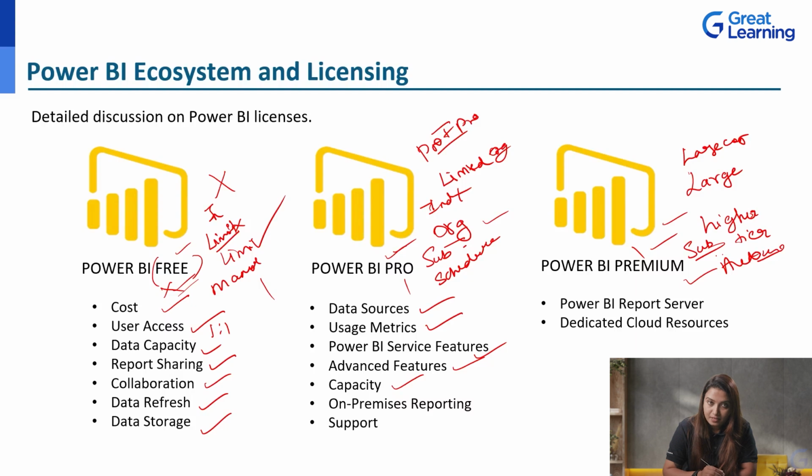First, in free, you have shared capacity. In Pro also, you have only shared capacity. But where is the difference when it comes to Premium? When it comes to Premium, the capacity is dedicated. You can have a dedicated capacity there. There is no sharing basis because we are paying a high amount.